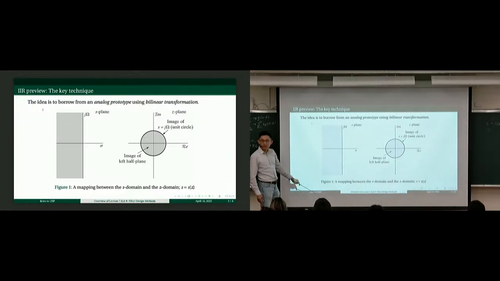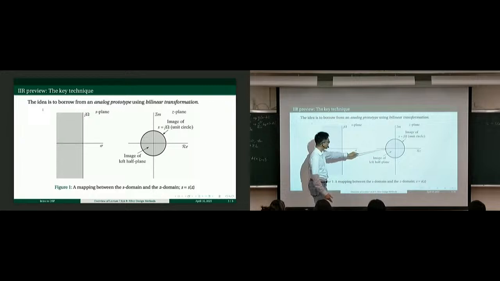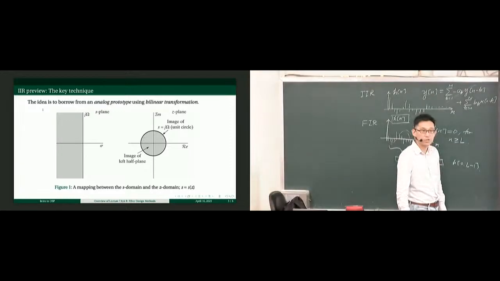So if you go bottom up on this axis, imagine you're going up along this axis in the S domain. Then it turns out that after the bilinear transformation, you will be going around the unit circle, starting from way at the bottom, in the counterclockwise direction. 反时钟的.